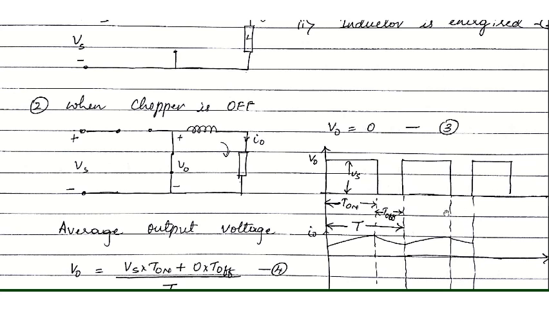Again, if this is repeated at a particular frequency, then for the next T on period, the output voltage will be equal to Vs, and in the next T off period, output will be equal to 0.